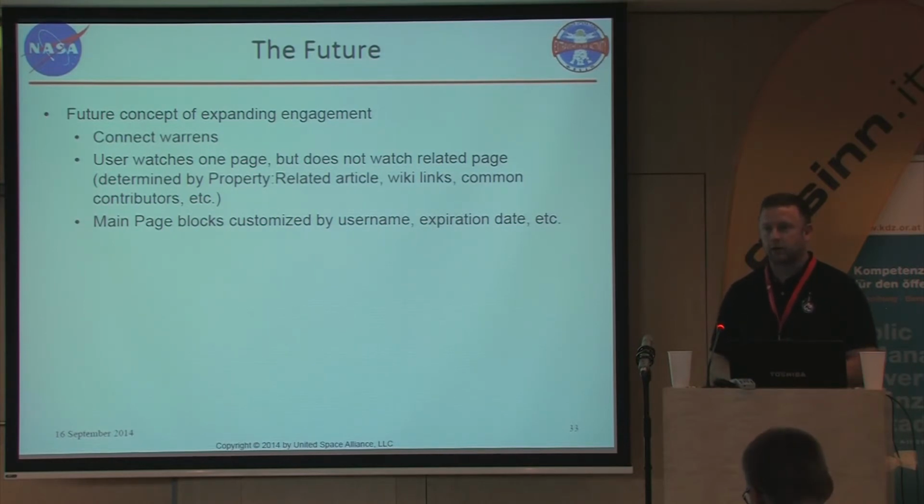So we're exploring different methods for determining which users should be engaged in which conversations and on which article pages. James actually talked about that earlier with his watch analytics tool. We're hoping to expand on that and see if we can find some ways to get a more balanced user engagement.